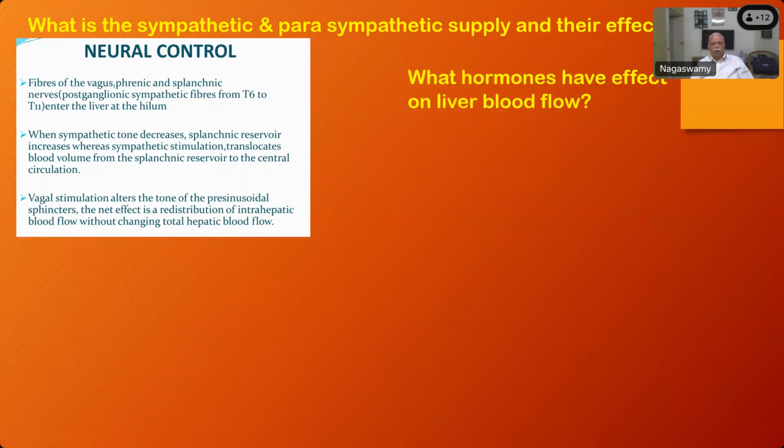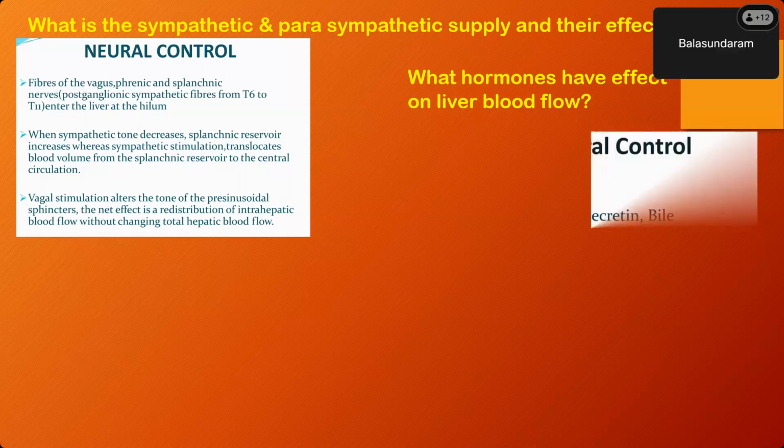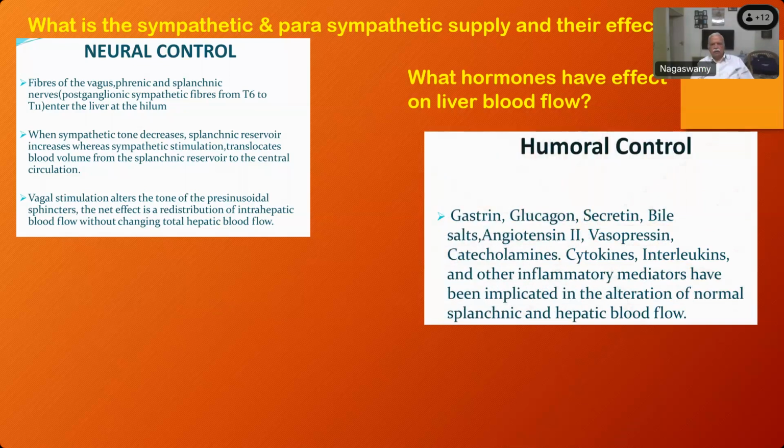Okay. Now, what are the hormones which have effect on the blood flow? Glucagon, angiotensin, vasopressin, several hormones. So vasopressin, glucagon, secretin, bile salts, angiotensin 2, and catecholamines. 1, 2, 3, 4, 5, 6, 7. So 7 hormones, as well as cytokines, interleukins, and other inflammatory mediators, have been implicated in the alteration of normal splanchnic and hepatic blood flow.